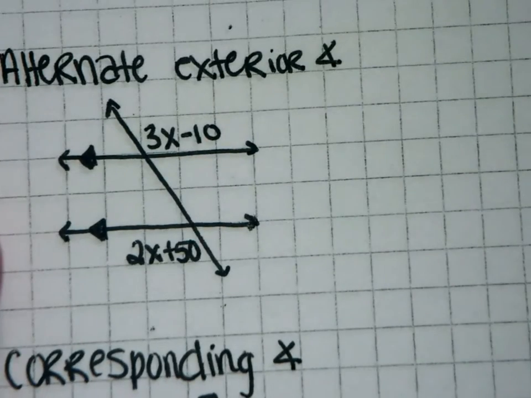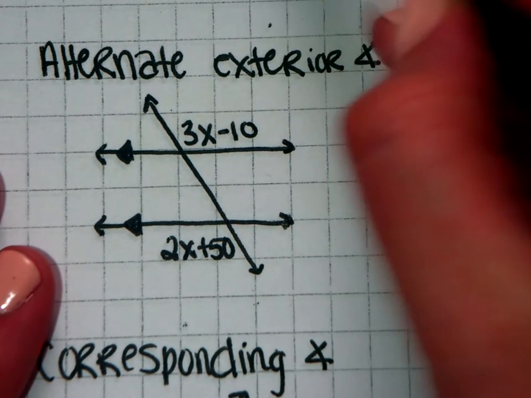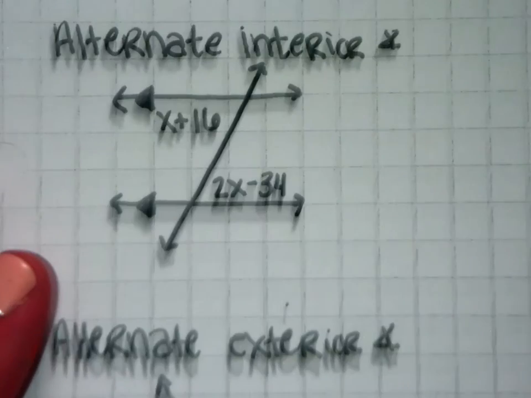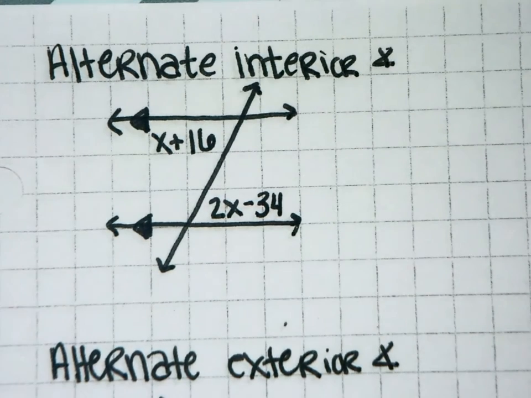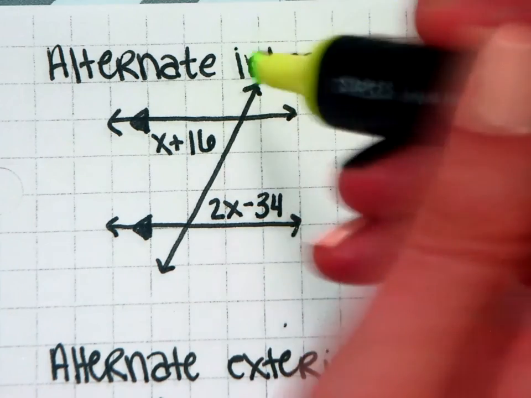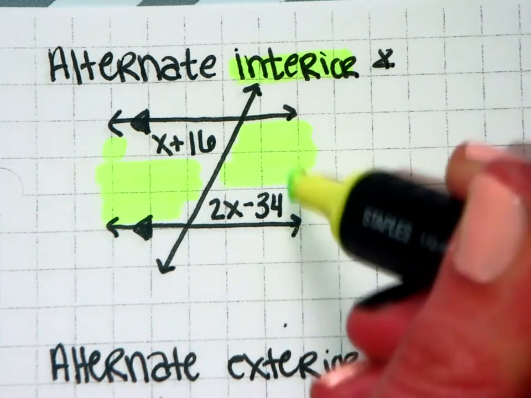So let's start on this first one. This is alternate interior angles, using this example. Interior means they should be located in between the lines.